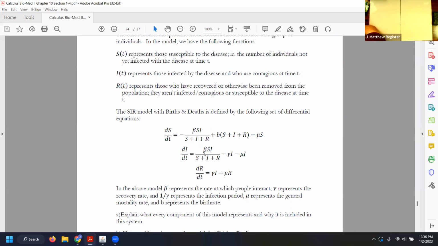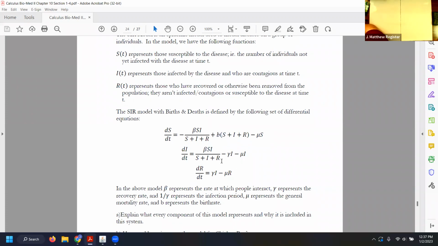We then have dI/dt. Again, we already accounted for this term. This term is saying that the interaction of susceptible and infected is going to lead to an increase in the number of infected. This gamma I term is the natural recovery rate. This is saying that people are naturally going to be removed from this population. And the more people are in this population, the greater the rate of change of the removal is going to be.